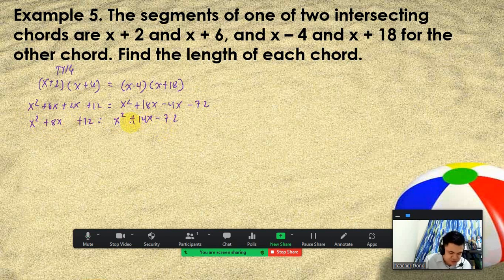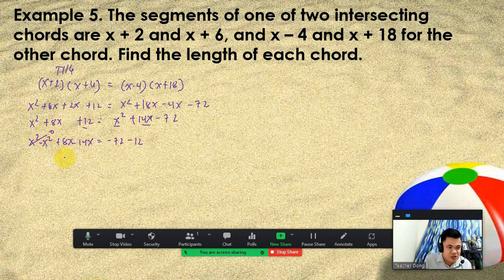Then the next thing is we will be combining the similar terms. x squared is similar, so it's negative x squared because we will be transferring. Now 8x, and then the opposite of 14x is negative 14x. And then equals negative 72. The opposite of 12 is negative 12. We just rearrange it. And then x squared minus x squared is 0.